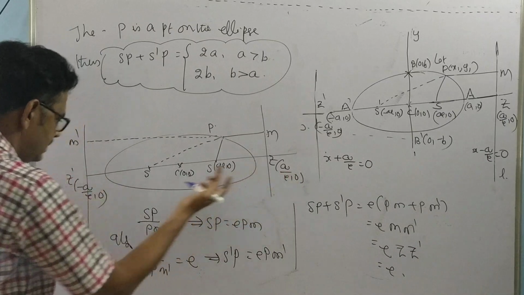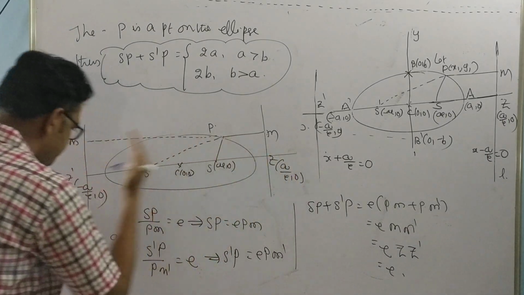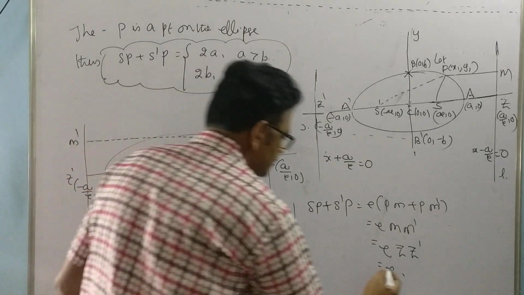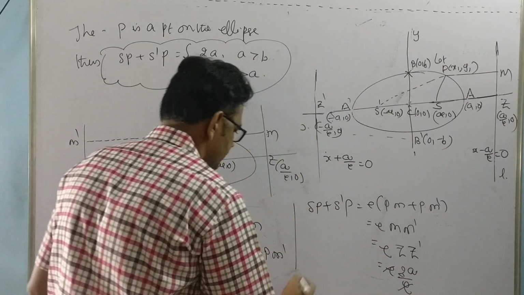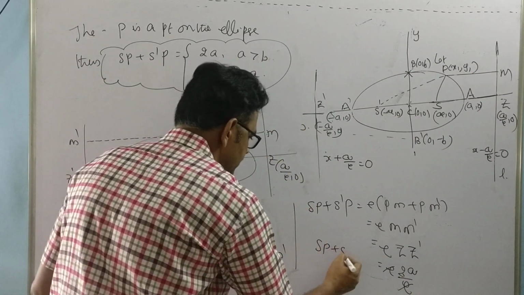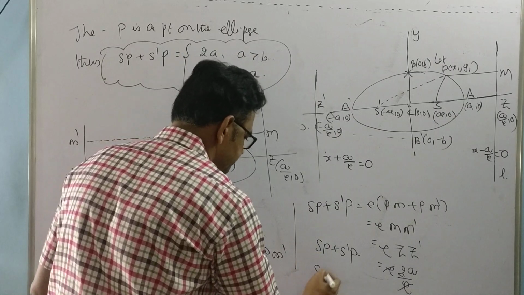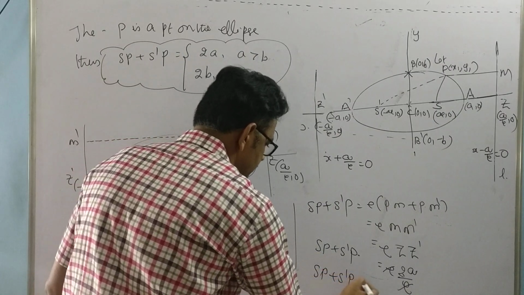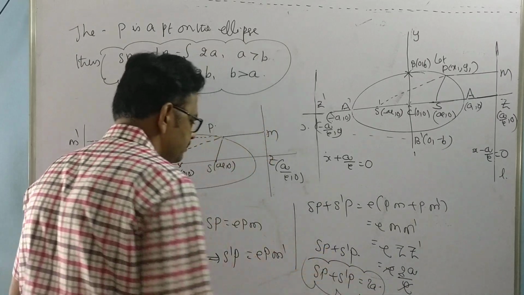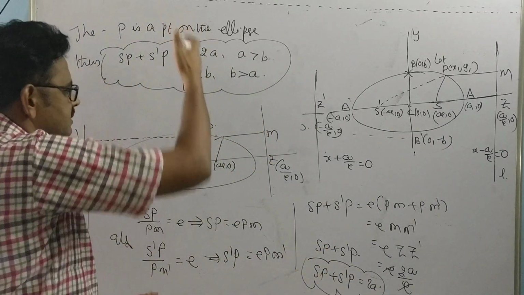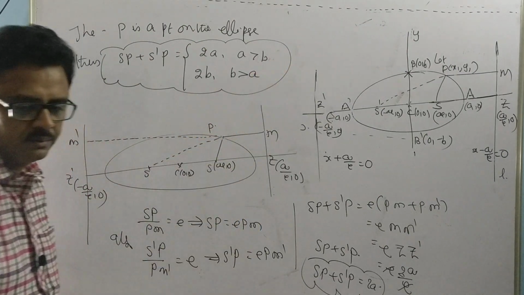This is A by E minus of minus A by E, so this is A by E plus A by E, 2A by E. So these two get cancelled. Therefore, SP plus S dash P is equal to 2A, if A is greater than B. Suppose the ellipse is like this, B greater than A, then you will get 2B.